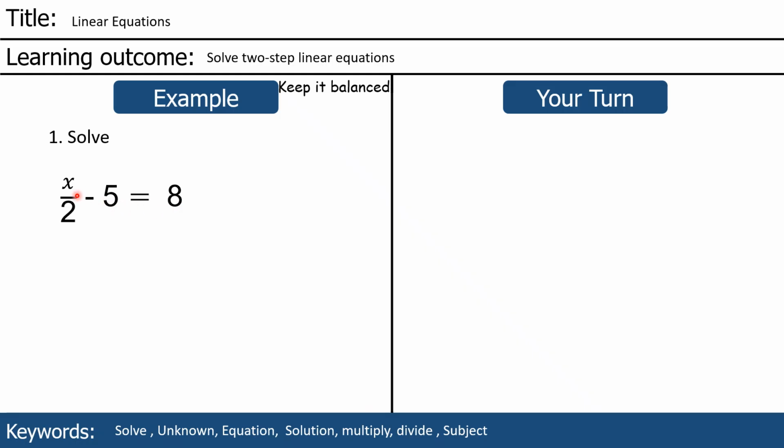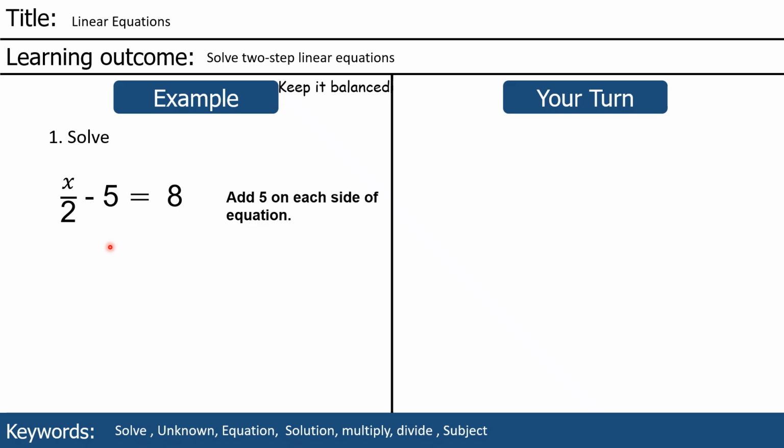To solve for x, we're going to reverse the last operation that was done to x. And the last operation that was done to x is subtracting 5, and the reverse of subtracting 5 is add 5. Add 5 to each side of the equation.